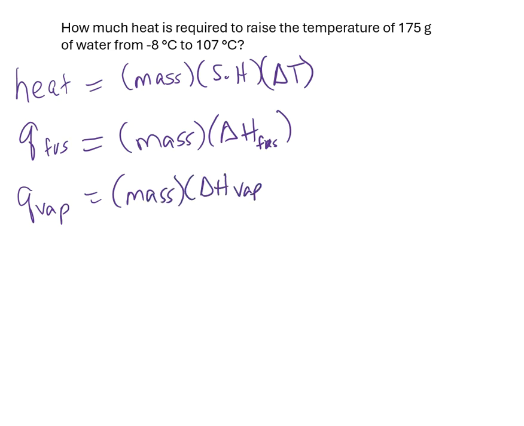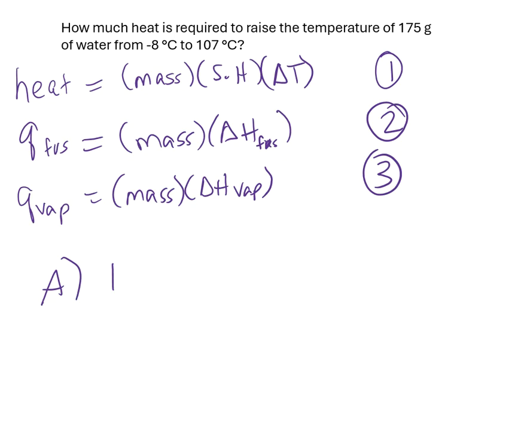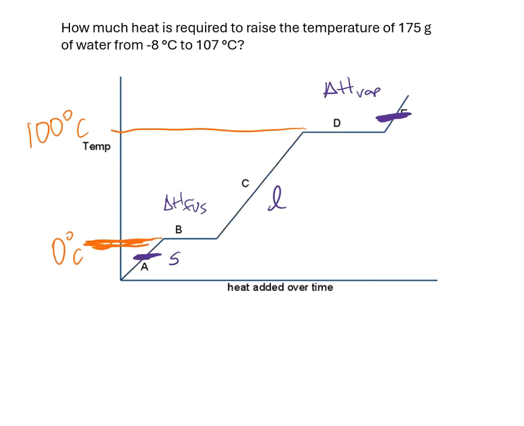And so again, by looking at the temperatures, we can identify what equations need to be used. For part A only, I'm going to label these equations as 1, 2, and 3. As we're heating up the solid, we're going to use equation 1. But then we get to the point in which we reach that first plateau, which represented, well, I'll go back so you can see the curve as I'm discussing it.